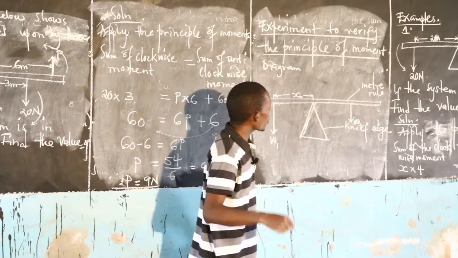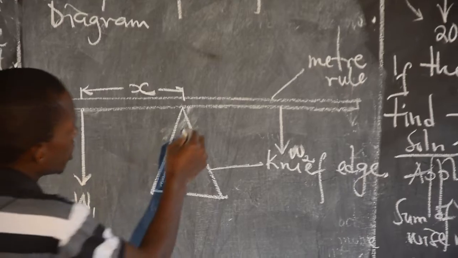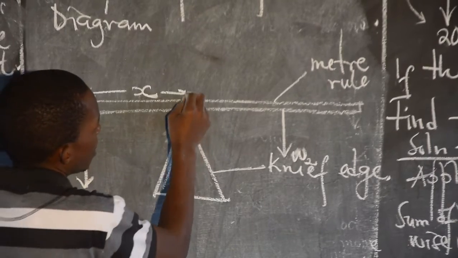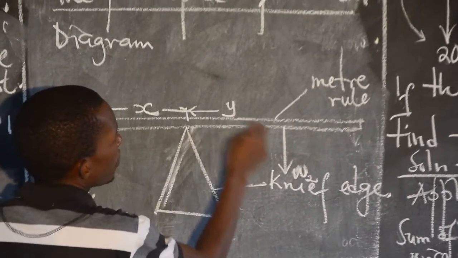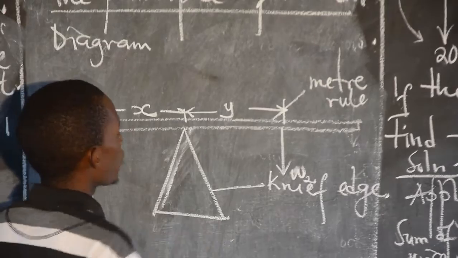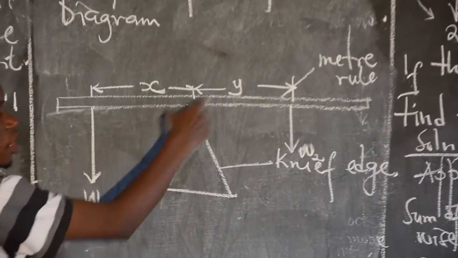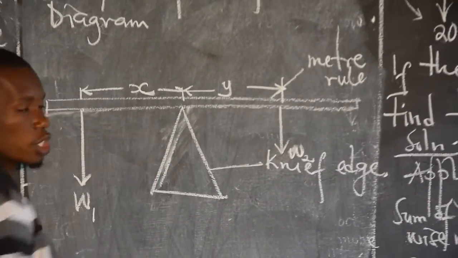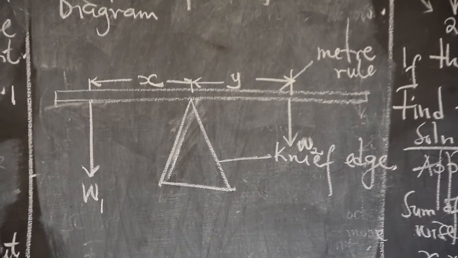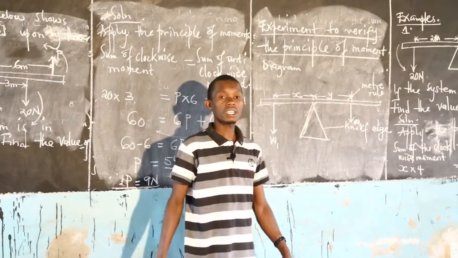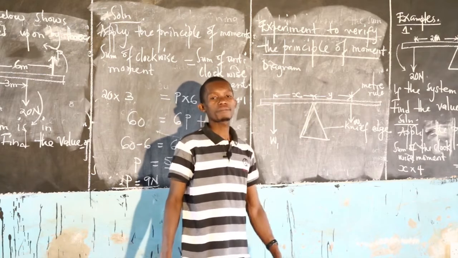And what we are going to do here, we note the distance y from the pivot to W2. We note that distance in centimeters.